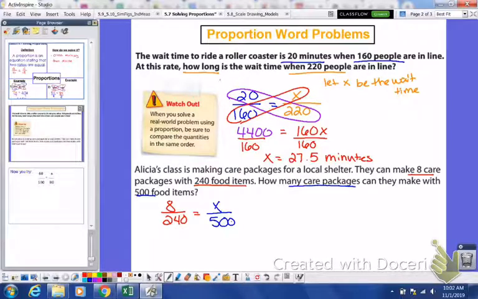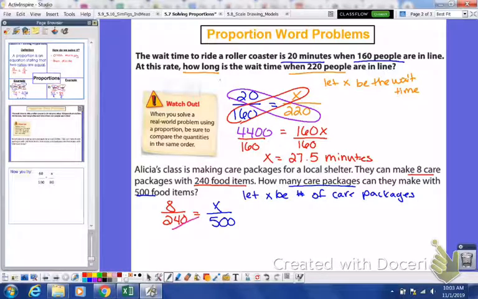Now keep in mind, you could set up these proportions in a different way. Just make sure that when you look across, you have the same labels. If it helps you to actually label them, go ahead and actually label them. Again, let x be the number of care packages. And then we cross multiply.